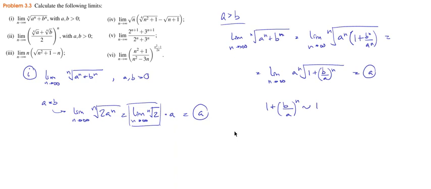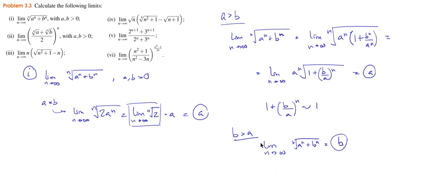And the other possibility is if b is greater than a. In this case it's the same thing that we have done, but we can exchange the roles of b and a. You can do everything here as well, with a over b, and so the limit of the nth root of a to the n plus b to the n will be b.